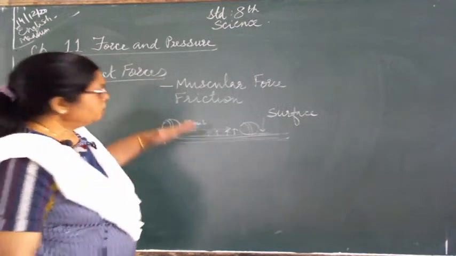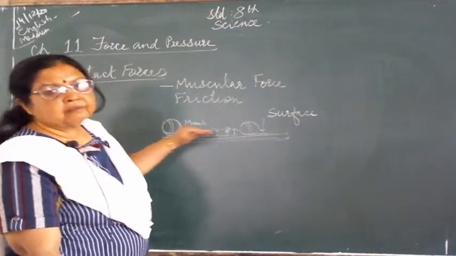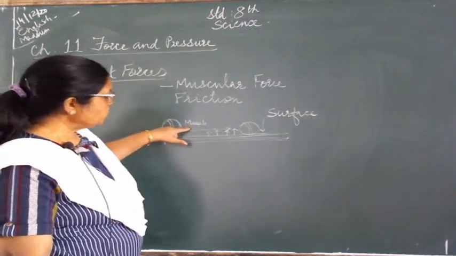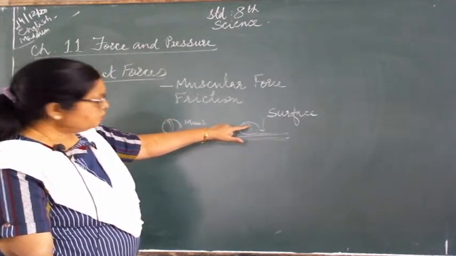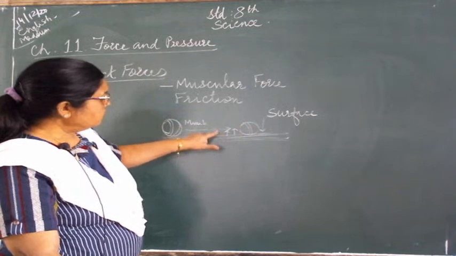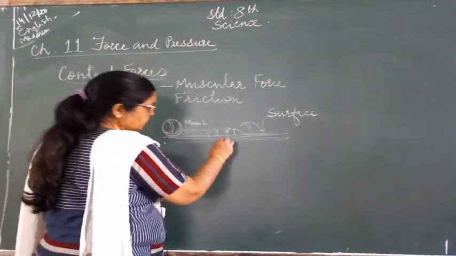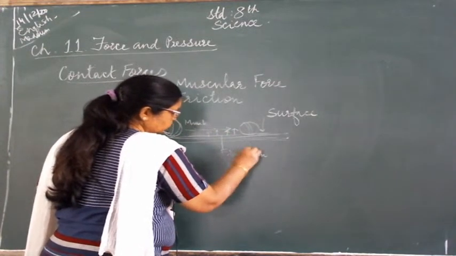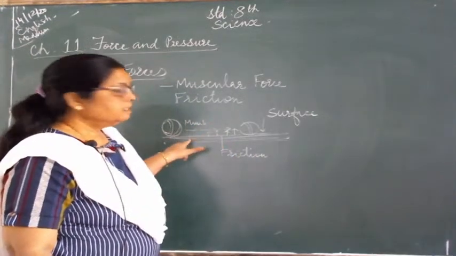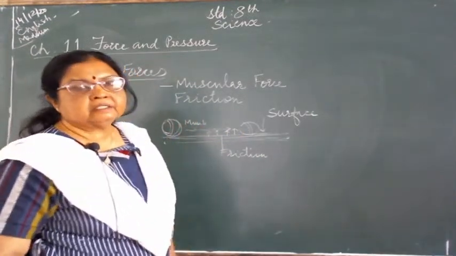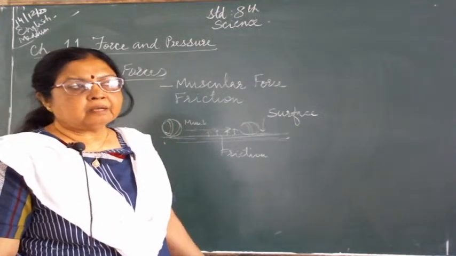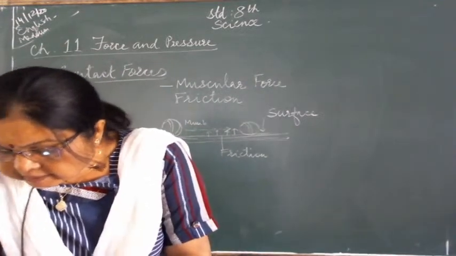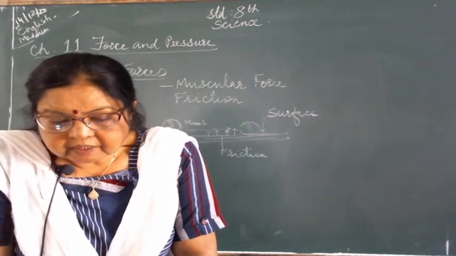This force hinders the movement of the ball. It stops the ball from moving. Until this force is more, the ball moves. When this force becomes 0, that means the friction of the surface, this force is known as the friction of the surface, applied in the opposite direction of the muscle force applied, and this stops the ball at one point, right? Okay.